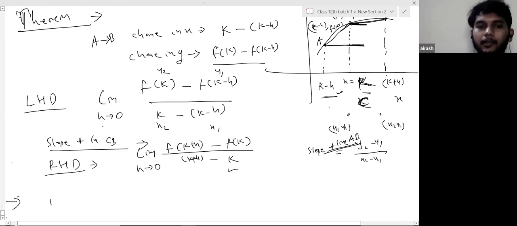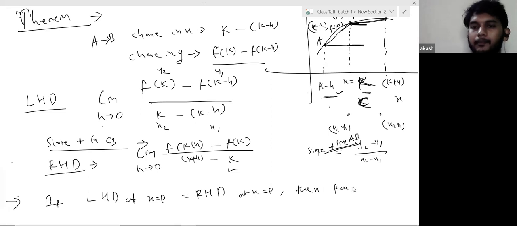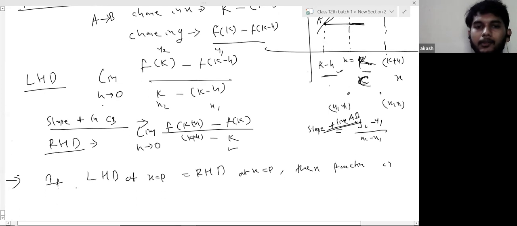So we can say if LHD at a point, or at x equals to p, is equal to RHD at x equals to p, then function is differentiable at x equals to p.